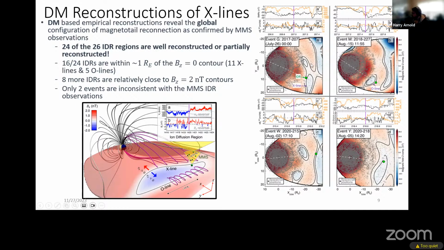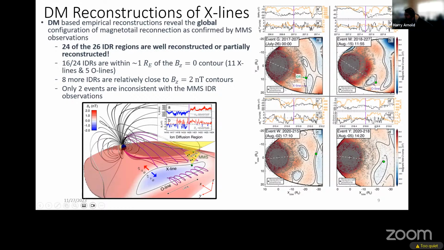So these are just 4 examples on the right here. Again, this is all the equatorial plane. You have contours of BZ equal to 0, as well as contours of BZ equal to 2. And then this green dot is where MMS observed an ion diffusion region, or IDR.